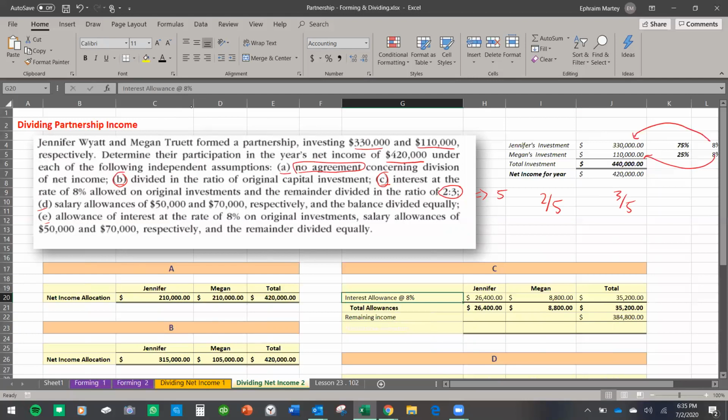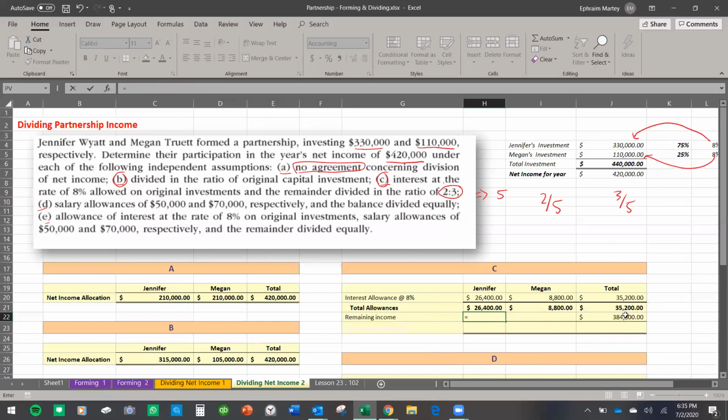So if we add the total together, 3 plus 2 is 5, and then we divide based on that. Jennifer is getting 2 out of 5, and Megan is getting 3 out of 5 of the remaining.